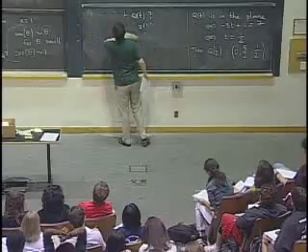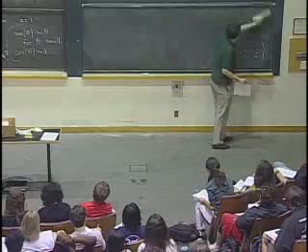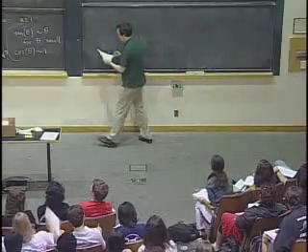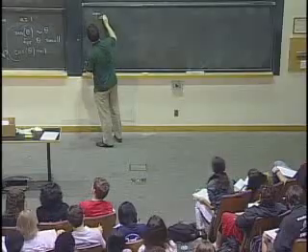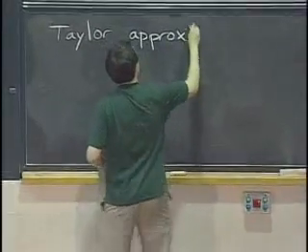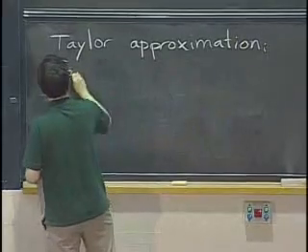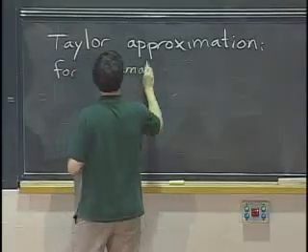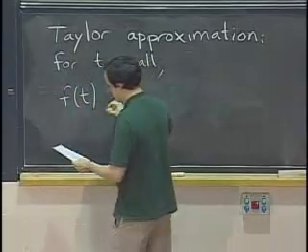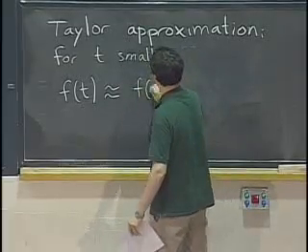And here's an example of where it actually comes in handy in real life. So Taylor approximation says that if t is small, then the value of a function f of t is approximately equal to, well, our first guess, of course, would be f of 0.